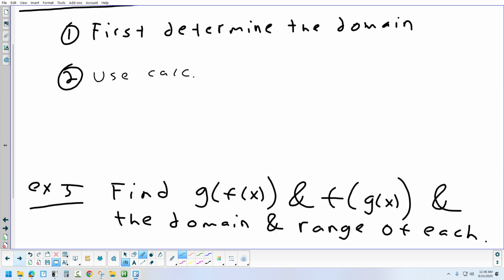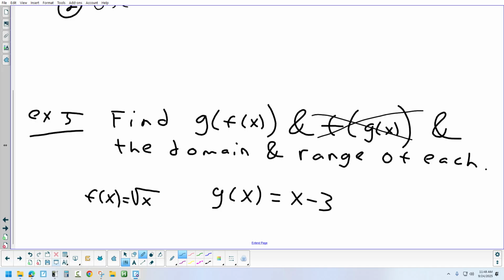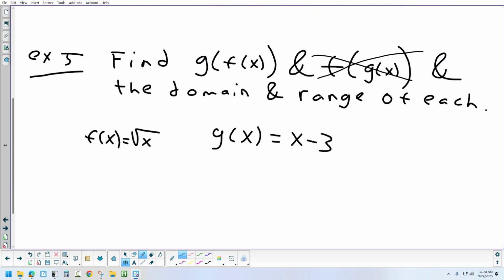Okay, I'm not going to do both this time. Let's just do G of F. Okay, so G of F. Okay, so start by writing what they want you to find.